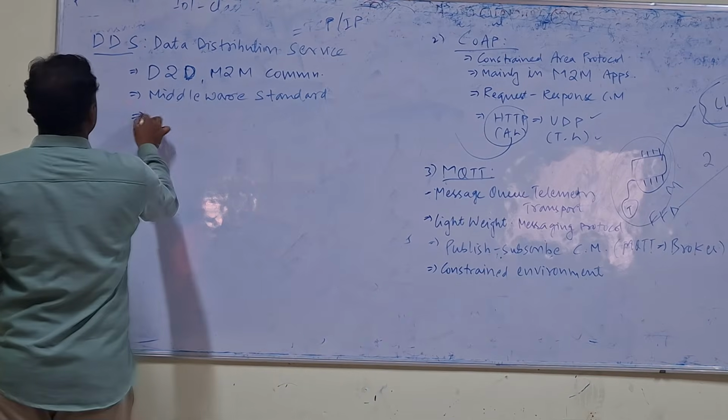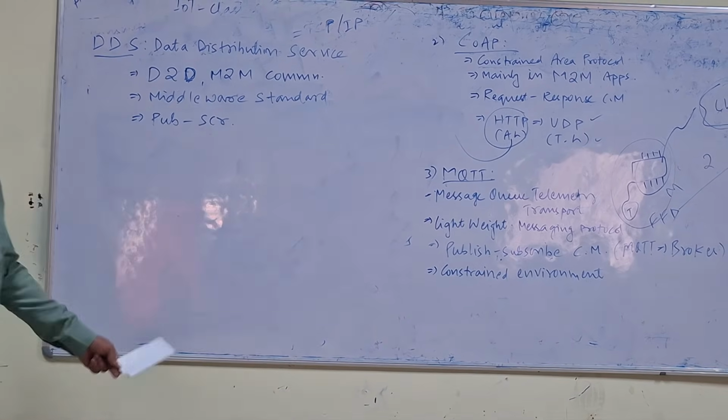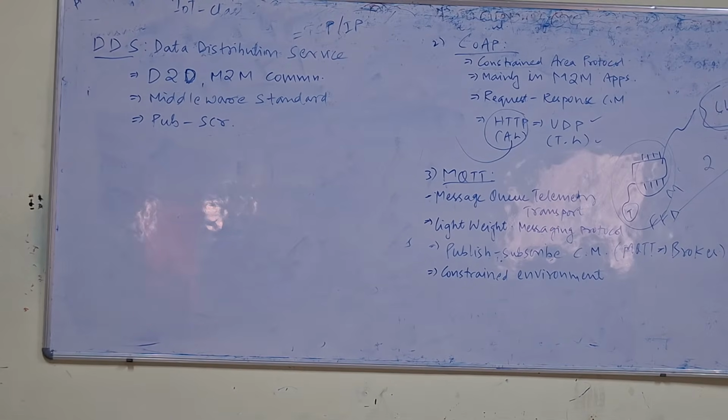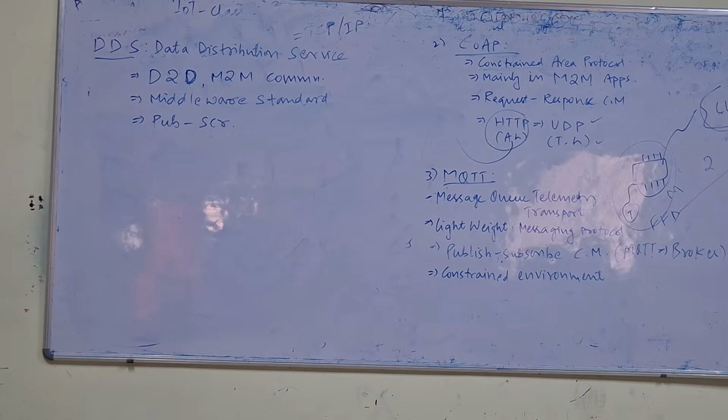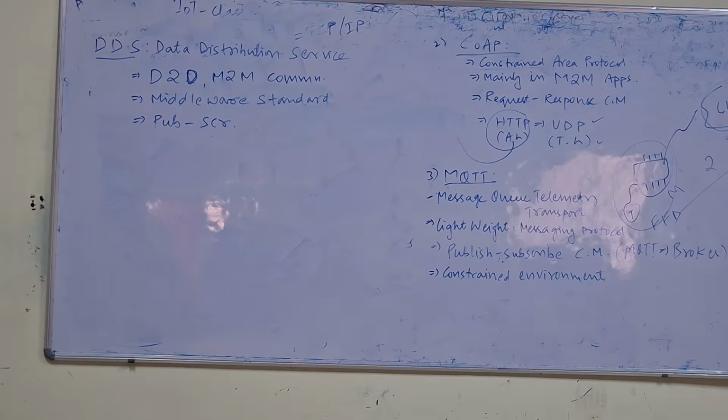Again, question and answers: which communication model? Publish-subscribe. Basically understand the matter: which communication model they are using. That is one thing you should keep in mind. One is the full form, another is which communication model, and whether they are suitable for constrained areas or not. Almost all are suitable for a constrained environment. Understand the pattern.